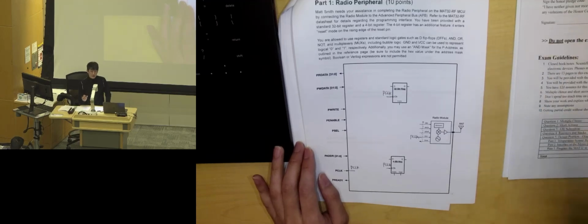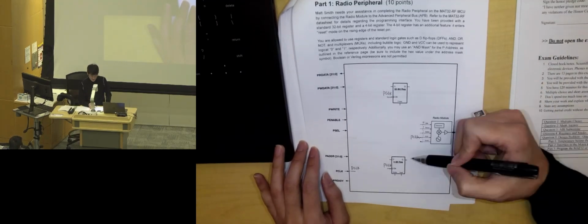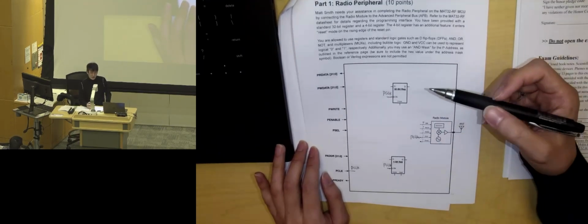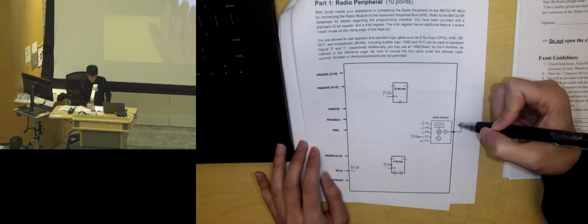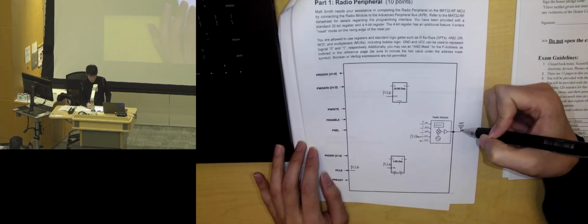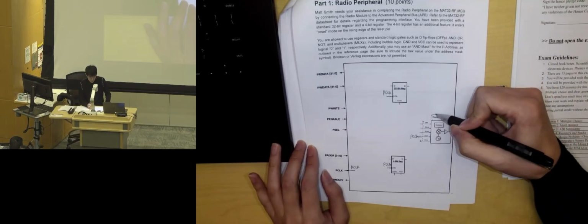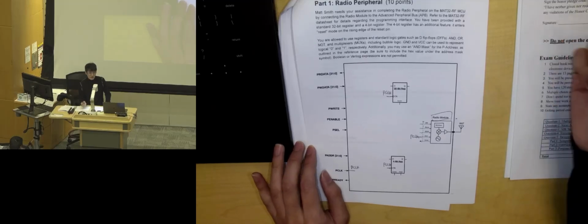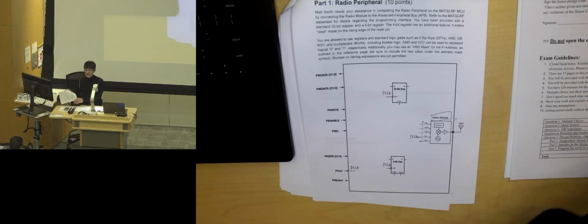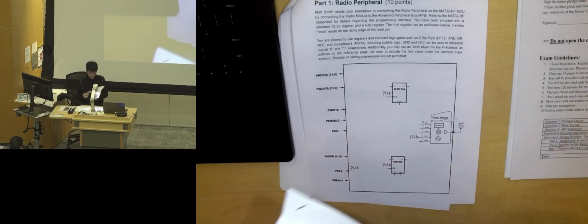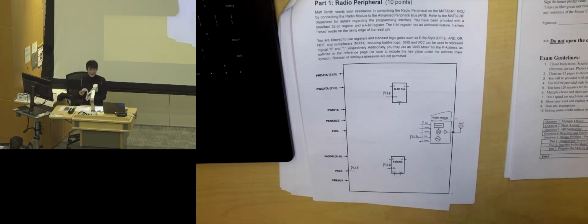It's probably going to come from one of the outputs from the D flip-flops, right? And that will likely also come from the input of this radio module, right? Do you guys have any questions on this?